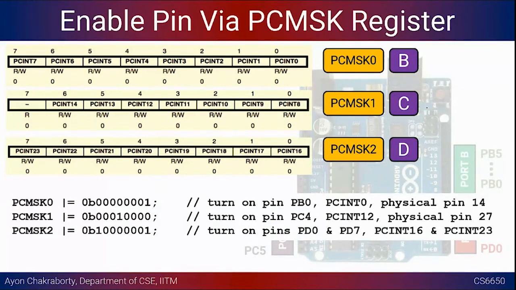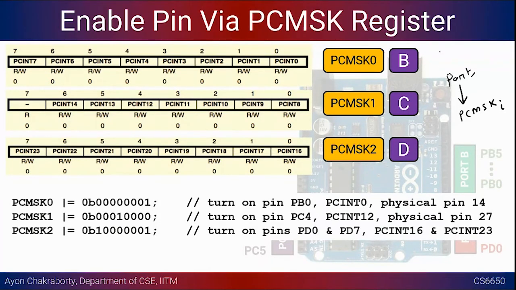Okay, so first you have to select the port using the PCICR register, and after selecting the port you have to select a certain pin using the PCMSK register, whether it is B, C or D, depending on which pin you want to select.